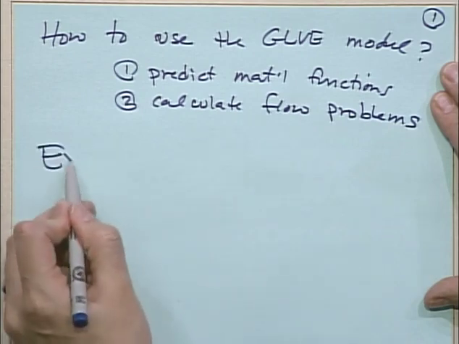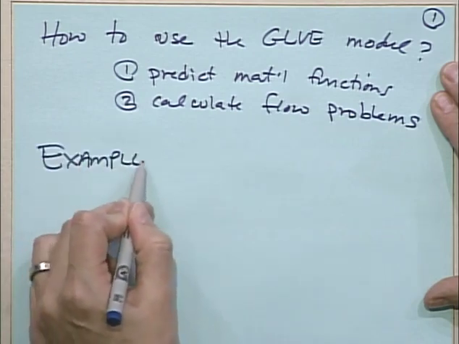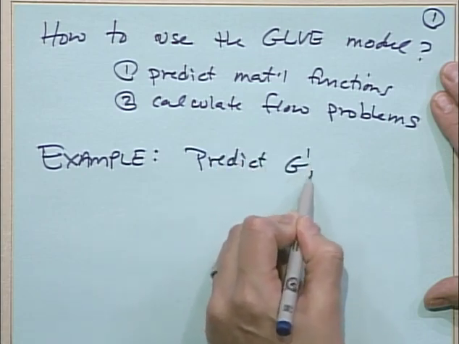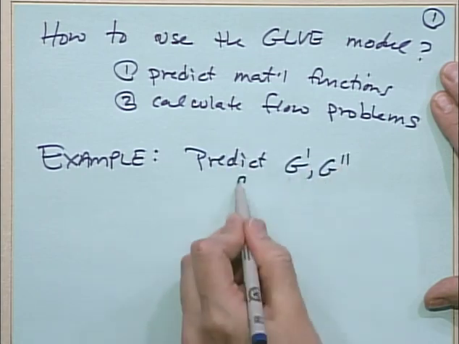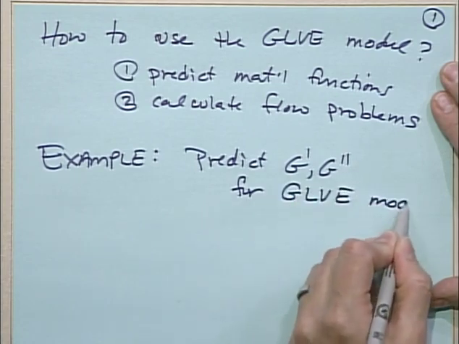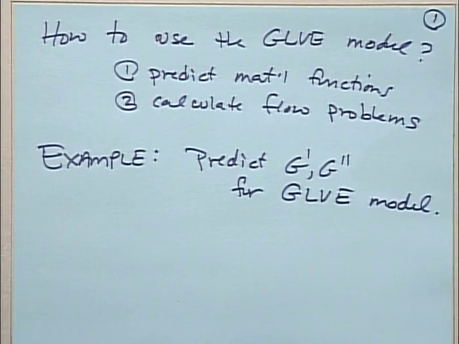So let's do an example. Predict G prime, G double prime for the generalized linear viscoelastic model. Let's try to do this together so that I think you'll benefit more from doing it.